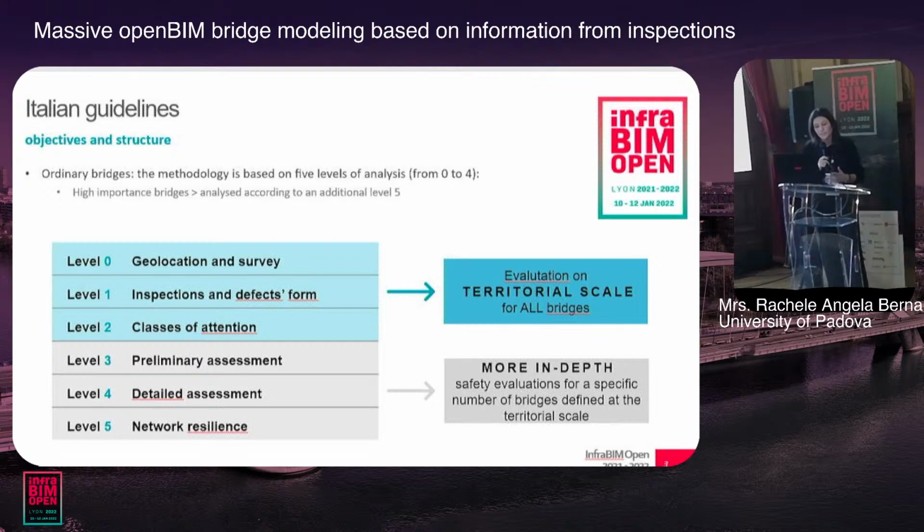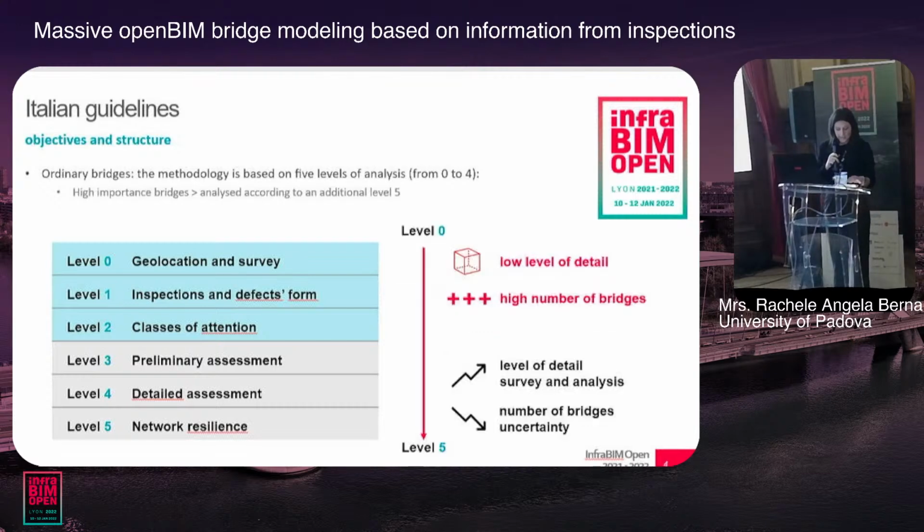The last levels go more in depth on the evaluation of a small number of bridges, in order to understand how to manage them and to define the strategies for the maintenance of the bridges.